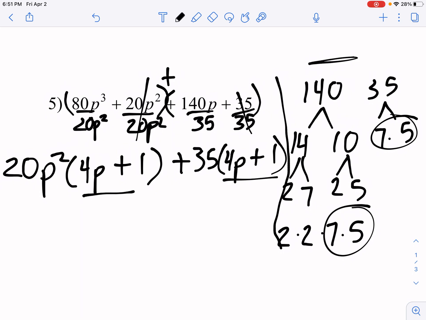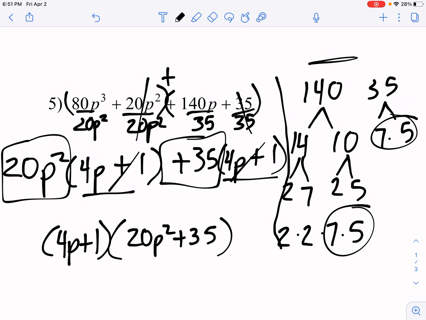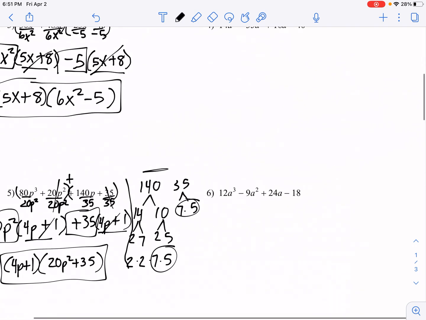That's what we want. So think of it as the reverse of the distributive property. We're going to take this out, factor it out, bring it to the front, and what remains is what we want in the second parentheses. 20p squared plus 35.